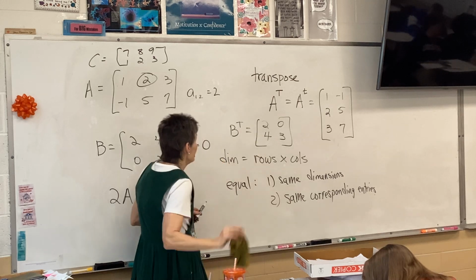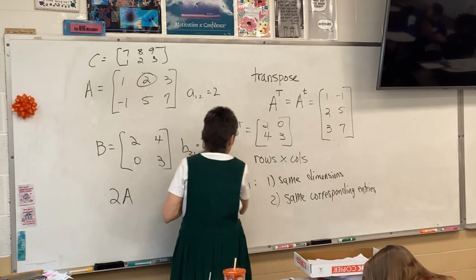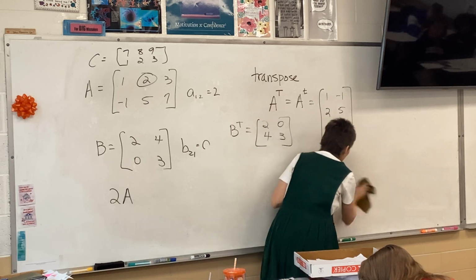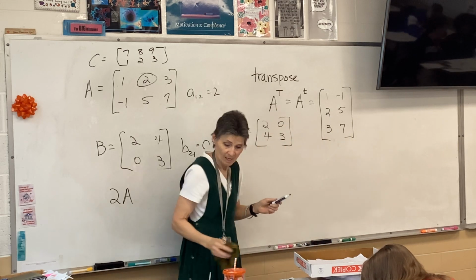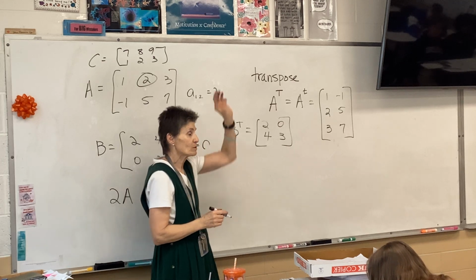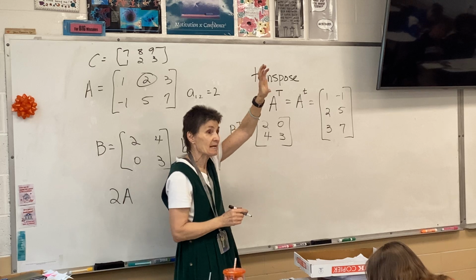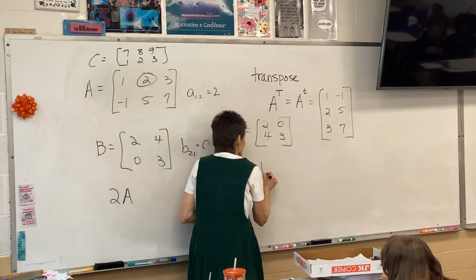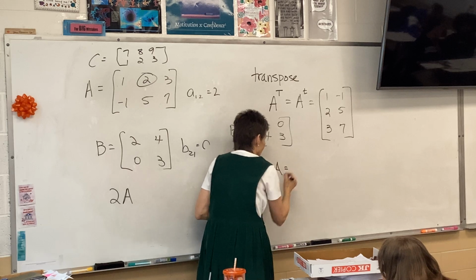And then the last vocabulary word, what is the trace? Trace and transpose both start with T, and we tend to get them mixed up sometimes. But remember, transpose is in an exponent position. Trace is written out in front.